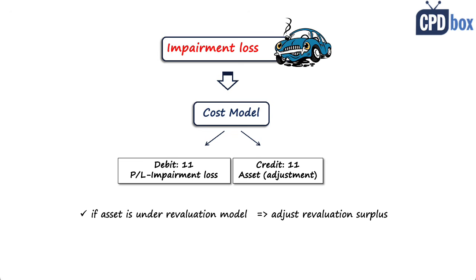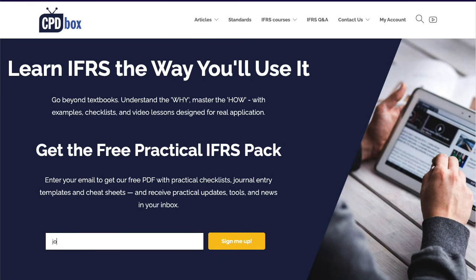So you would bring down this surplus to 0 and only then book the rest in profit or loss. And don't forget to adjust the depreciation charge in the next year because you have a new carrying amount of 229, not 240 as prior to testing. So this was the simple walkthrough of an IAS 36 example.